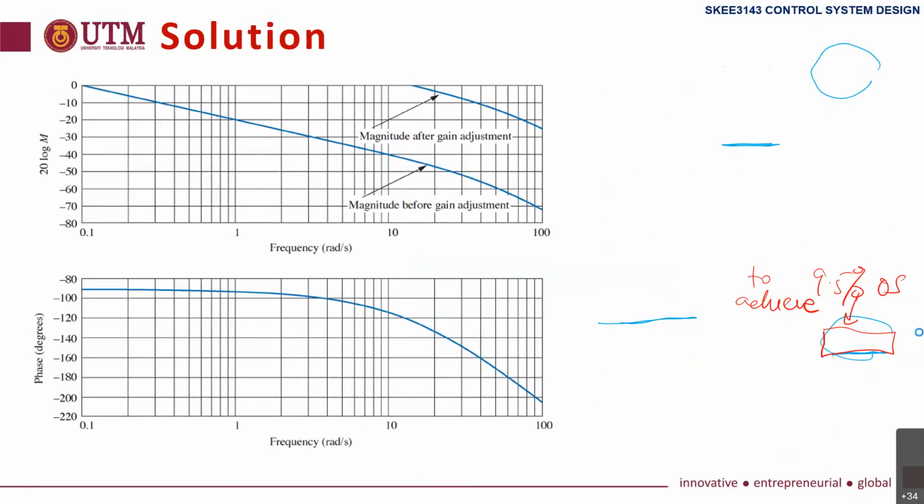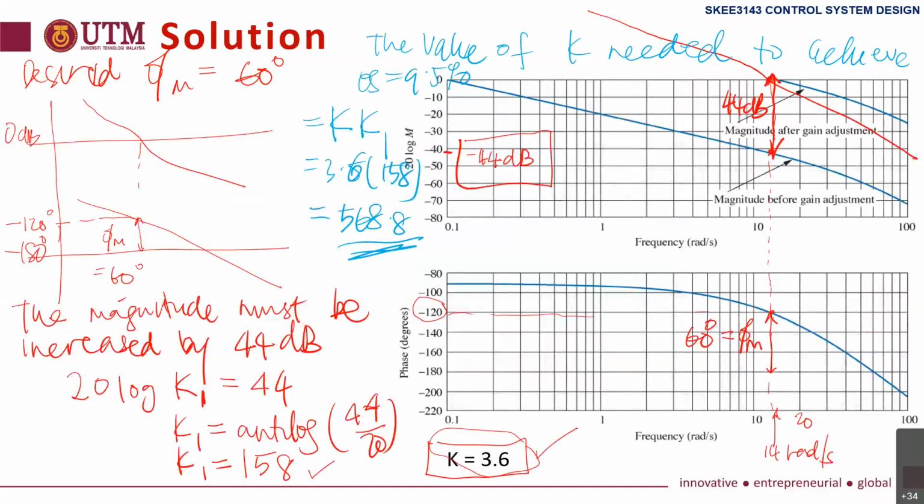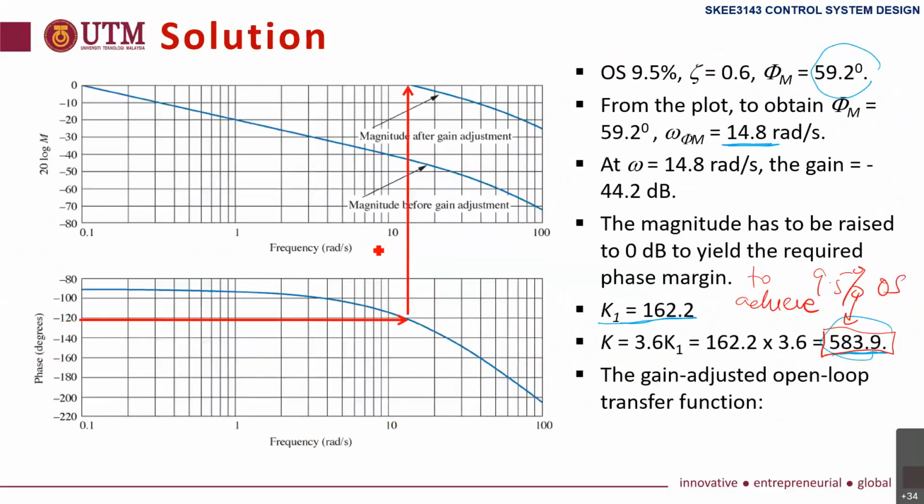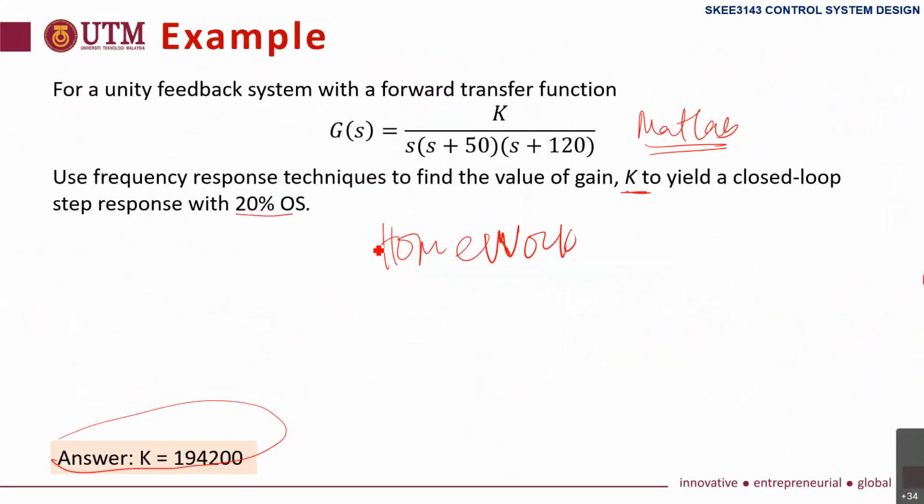But of course, we also did it on our own. We get about 568, based on the accuracy. But the actual one, from the book, is 583.9. So we use that one, 583.9.